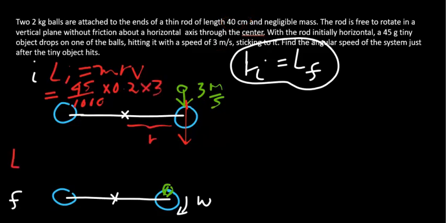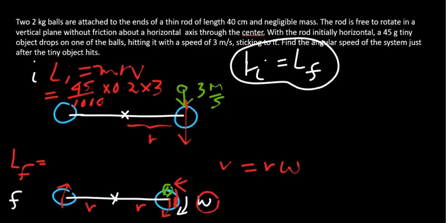Now let's determine the final angular momentum of the system. This entire system is moving, so the left-hand side mass will start to move upward like that. The right-hand side mass will move downward, together with that tiny object will also move in a downward direction, all with an angular speed of omega, or linear speed of v, which is given by r times omega, r being that distance, 20 centimeters.